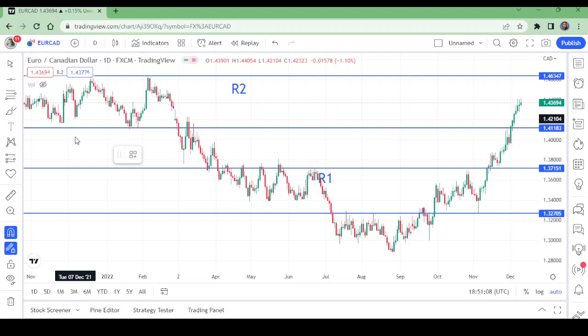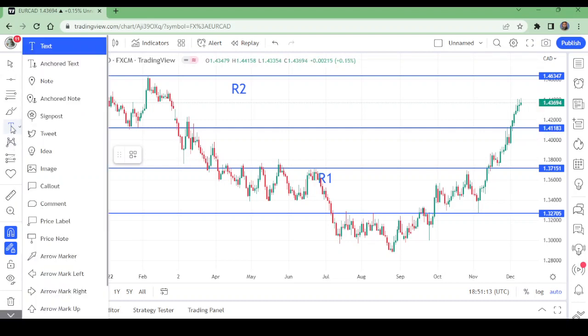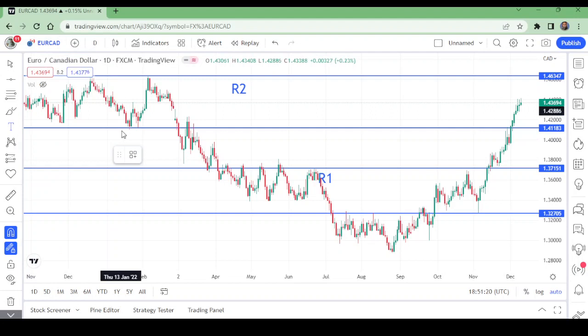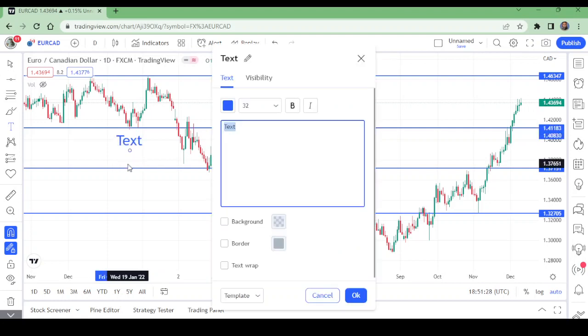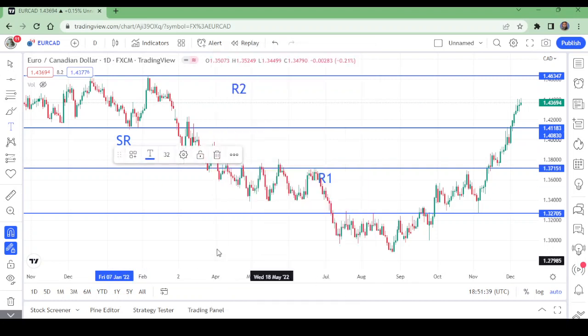So this was SR, because this was support previously and afterward this worked as resistance a bit. This was not pure resistance, this was support turned resistance.